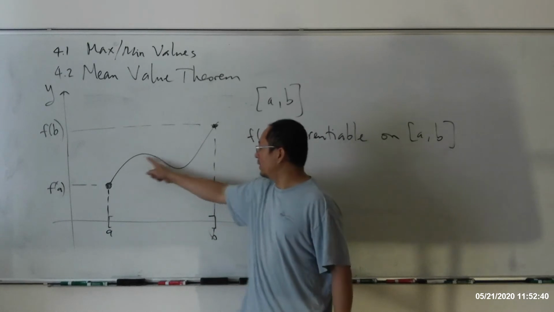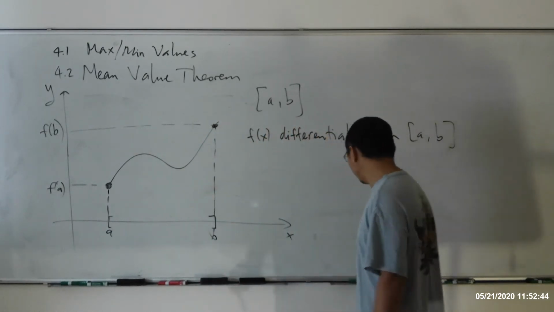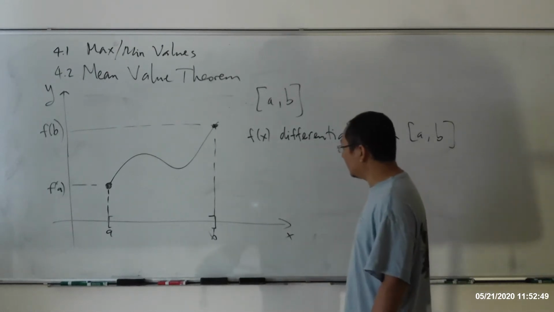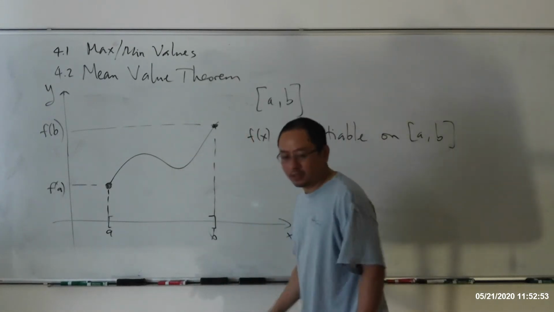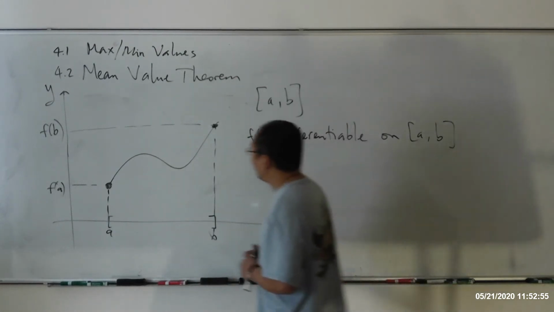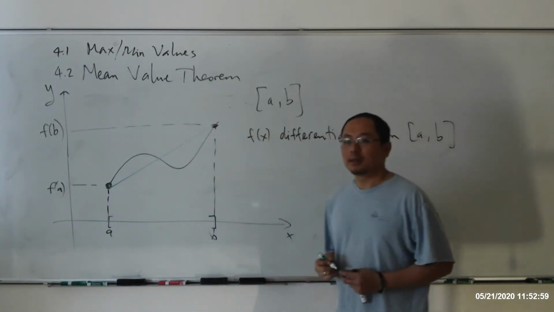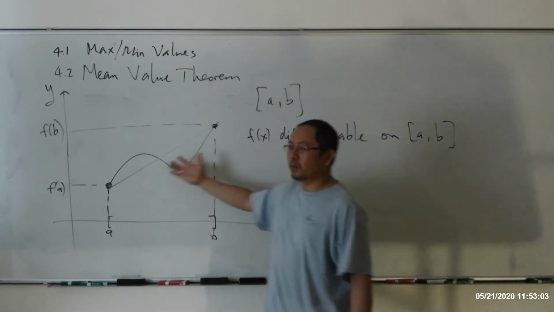You have a piece of curve that is smooth, continuous, and you can take the derivative anywhere. If you take two points A, f(A), and B, f(B), and connect the two points, you have a line. Can you calculate the slope of that line if you know two points? Slope of a line is what?